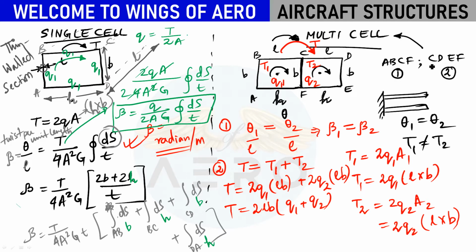More than one defines a multi-cell. They are attached together. CF is a common wall that they share between the two different cells. This is H, this is B, this is again H, B, H, B, H. Now here we will implement another concept, when two shafts are in parallel.